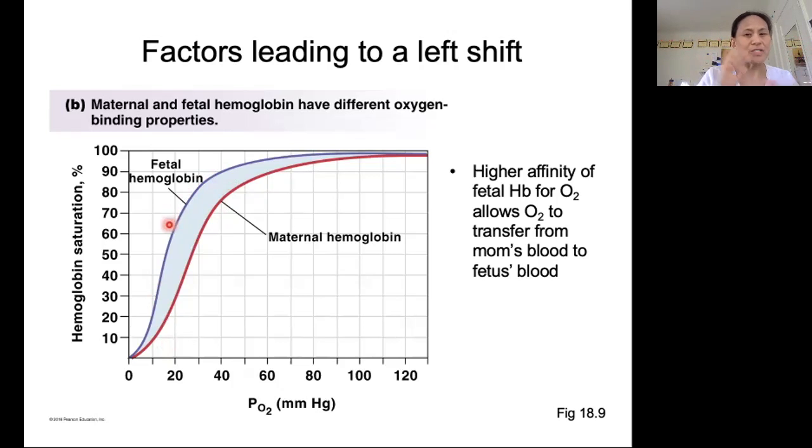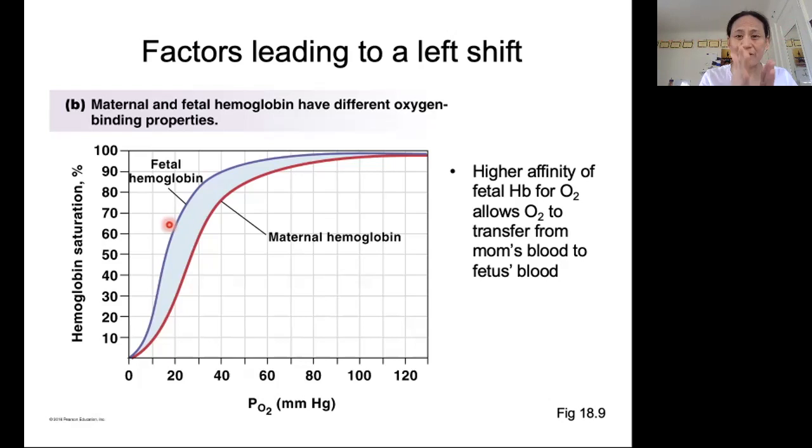And just as a quick reminder or aside, for those of you who are not that familiar with how pregnancy works: the maternal and the fetal blood don't mix, okay? You have blood on a side of the placenta that the mom owns, more or less.